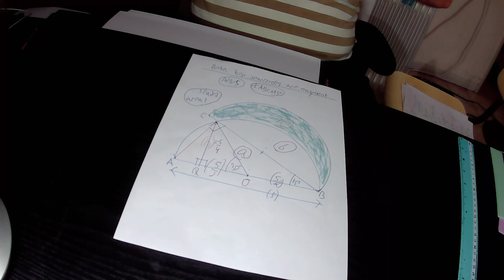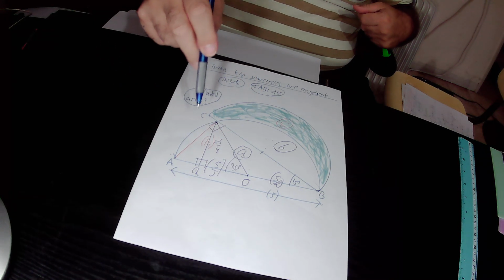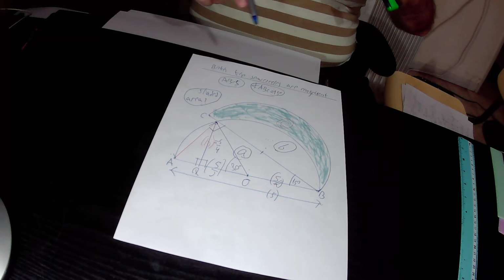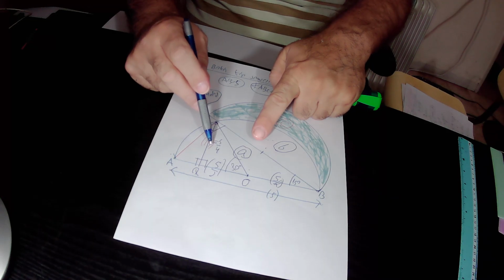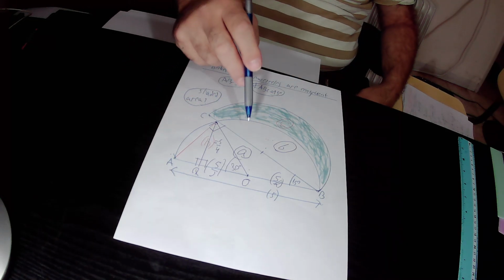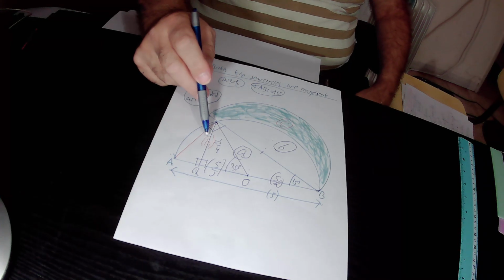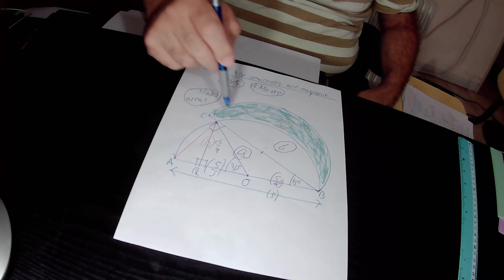Again, in total, the area of this shape ACB is A squared in size. It must be equal to the sum of the areas of those two shapes that it consists of: the area of this triangle COB, plus the area of this sector COA.